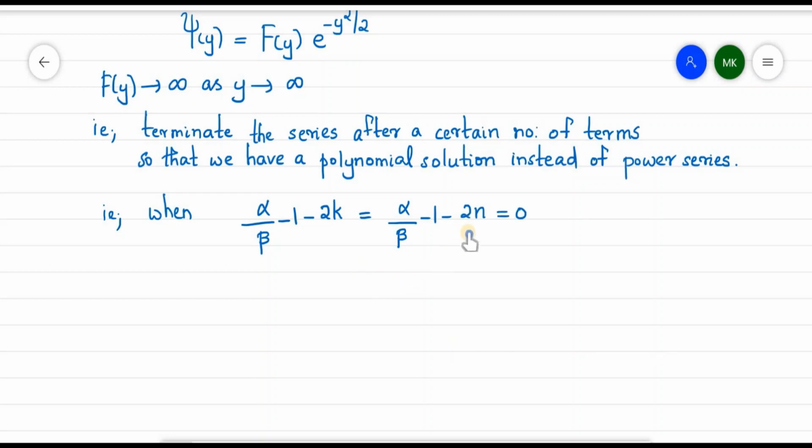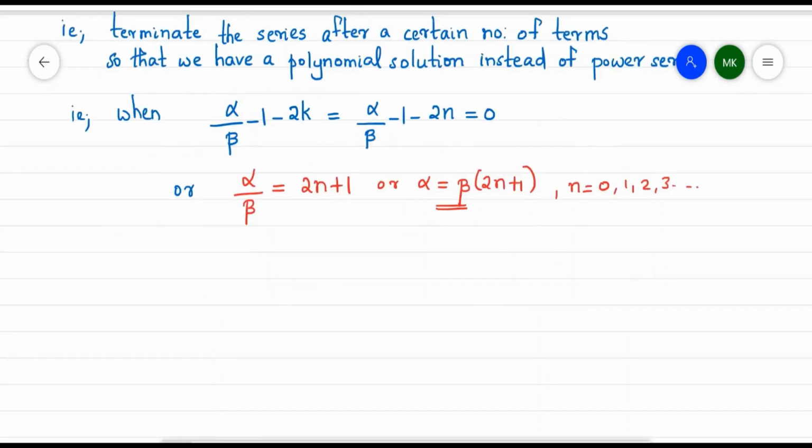So we are limiting the series only up to n terms, and after that equation 9 vanishes, or we can write alpha by beta equals 2n plus 1, or alpha equals beta into 2n plus 1, where n equals 0, 1, 2, 3, etc.